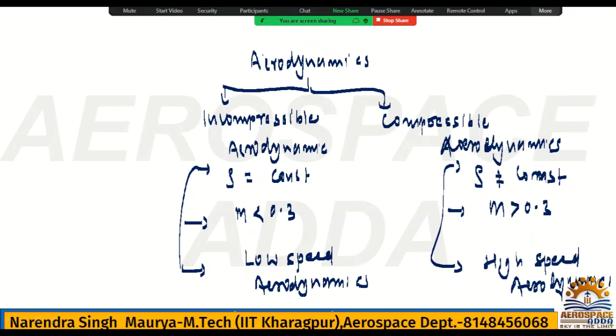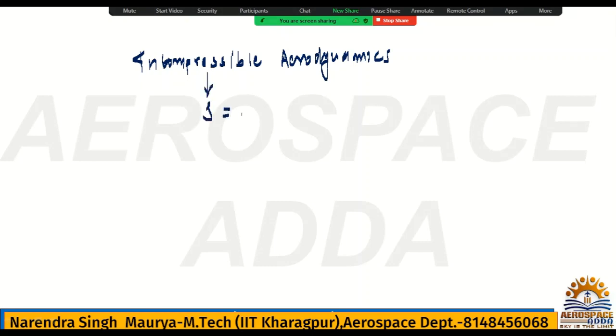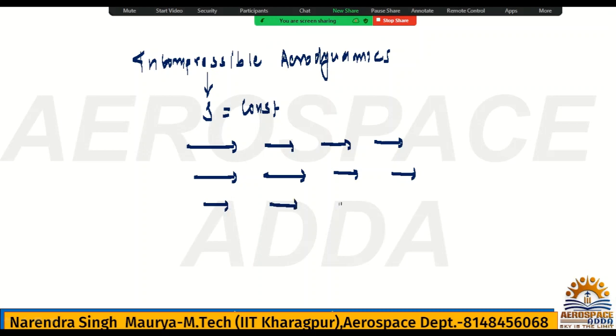So now our topic today is incompressible aerodynamics. This is our focus basically. What do you understand by incompressible? Incompressible means density is not going to change, meaning density is constant. This is called the flow field. Throughout the flow field, density must be constant.